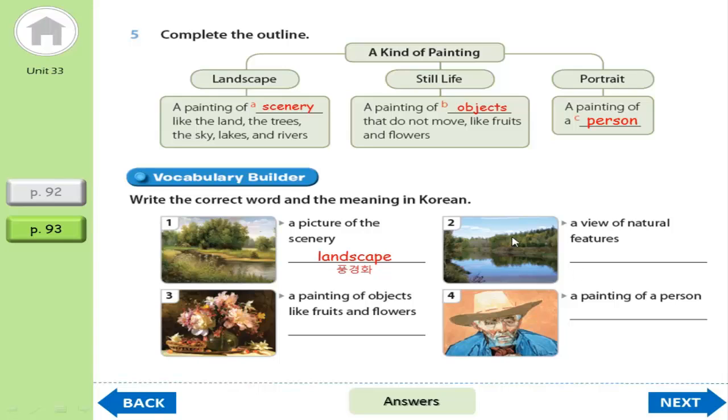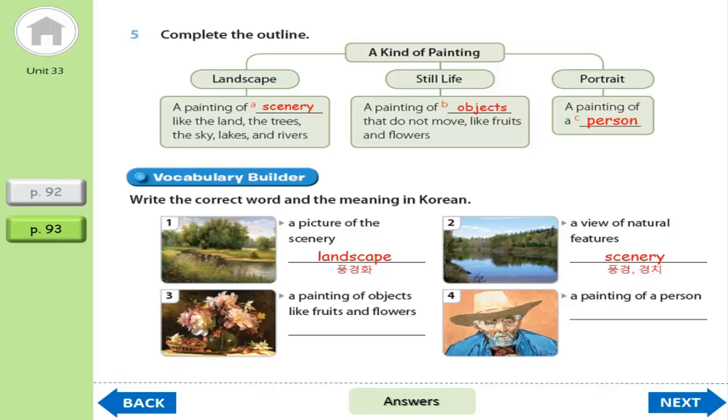And picture 2. We can see some trees and water. That is a river, right? So a view of natural features. So picture 2, what word should you write in here? Okay, now picture 3. What can you see?